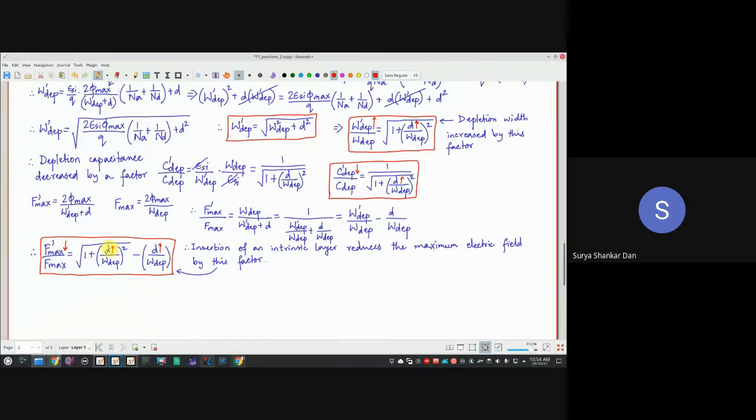It's so much higher that this one can be ignored. Then F max dash will go on reducing until F max dash will become zero only. That means your device will essentially not even function. So it means that you cannot definitely go on increasing D indefinitely, like forever.